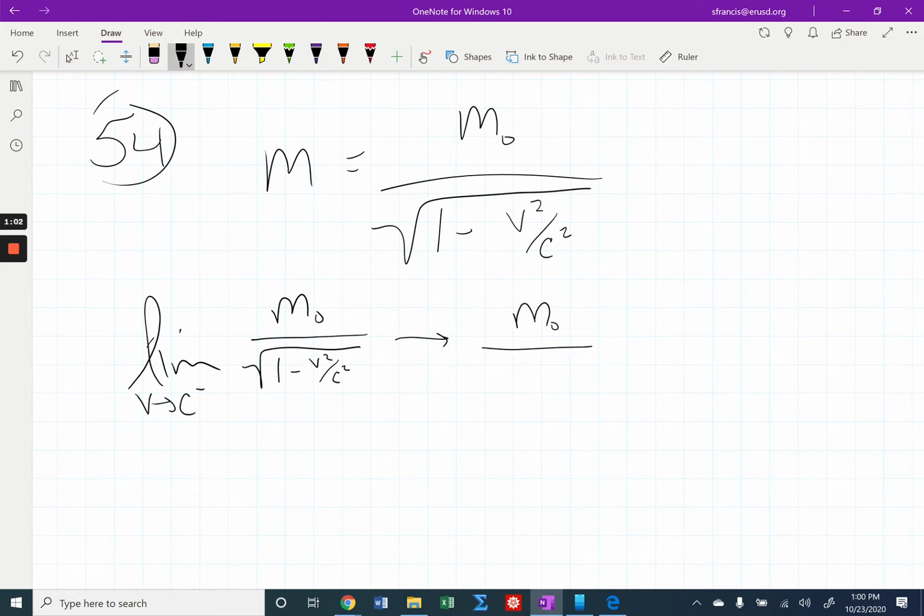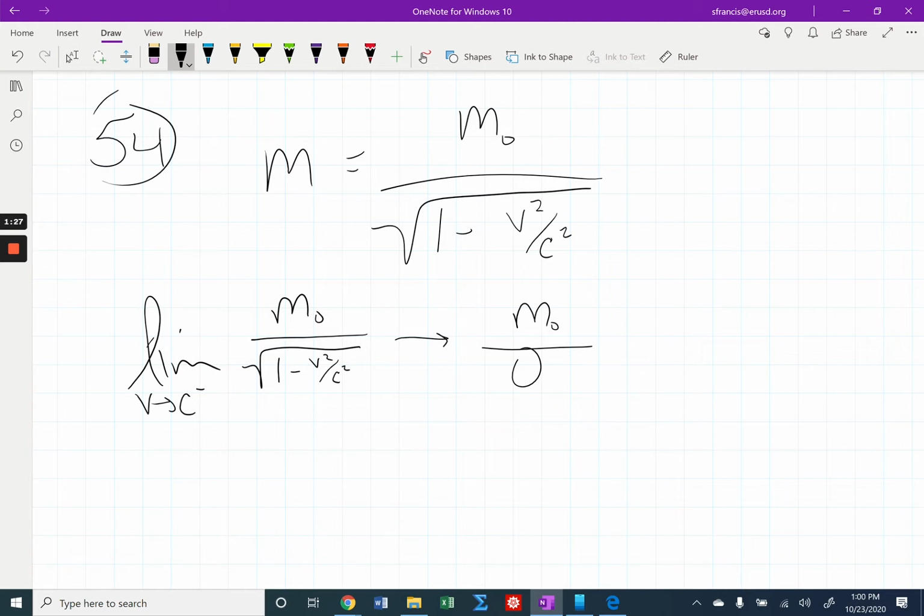The numerator is a constant as far as v changing. And then in the denominator, I'm going to replace that v with c, and I'll get c squared over c squared, which is 1. 1 minus 1 is 0, square root of 0 is still 0. So this is going to be m naught over 0. Again, m naught is not 0. It's a non-zero constant, the rest mass of the particle.